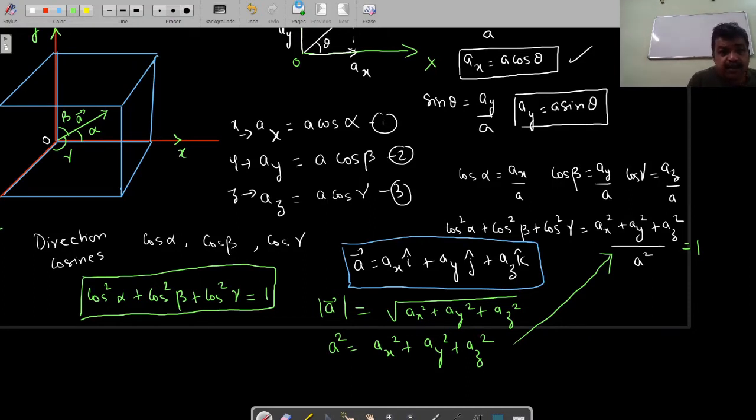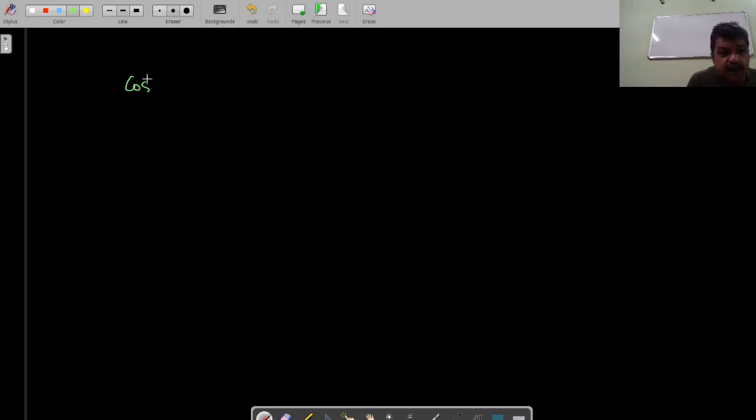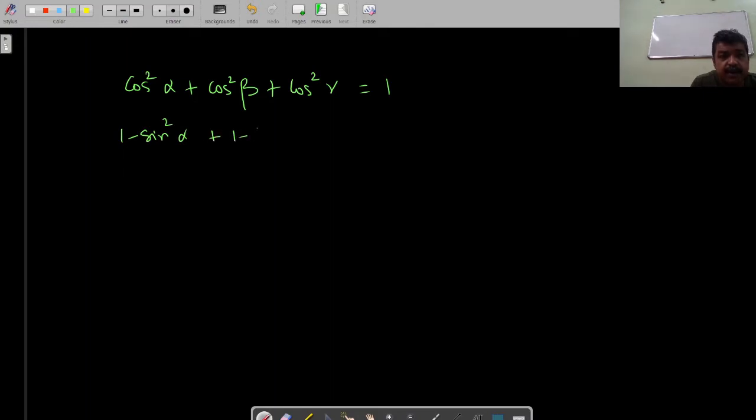Now we have the result cos square alpha plus cos square beta plus cos square gamma is equal to 1. I can write cos square alpha as 1 minus sine square alpha, plus 1 minus sine square beta, plus 1 minus sine square gamma, is equal to 1.